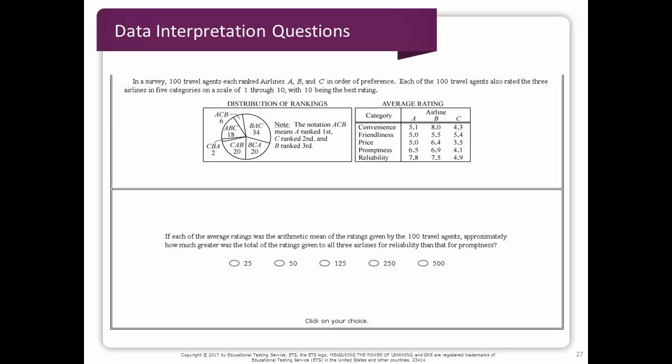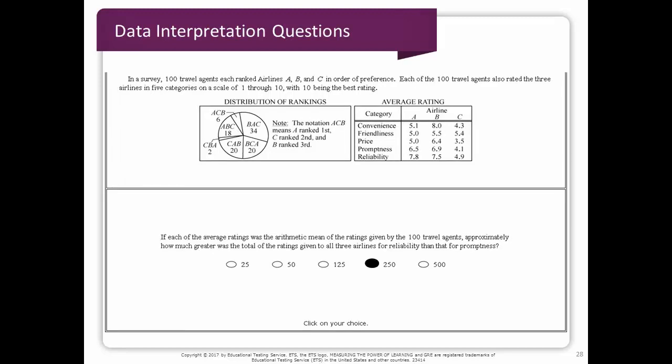Promptness equals 17.5, reliability equals 20.2. To determine the difference, we deduct 17.5 from 20.2, giving us 2.7. As this is based on the ratings given by 100 travel agents, we can multiply 2.7 by 100 to get 270. Therefore, the ratings given to all three airlines for reliability was about 250 ratings higher than for promptness.